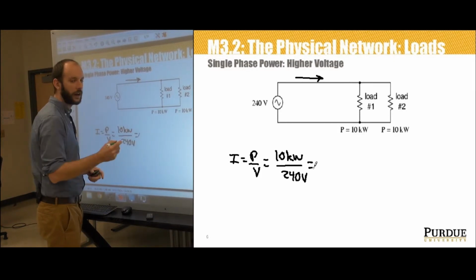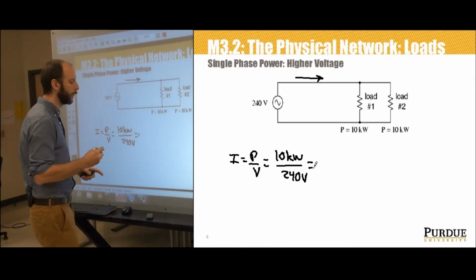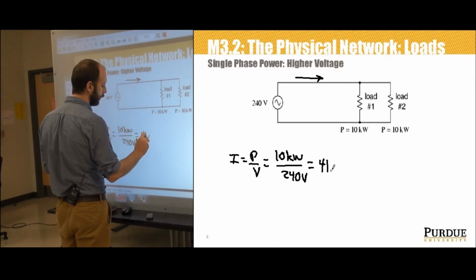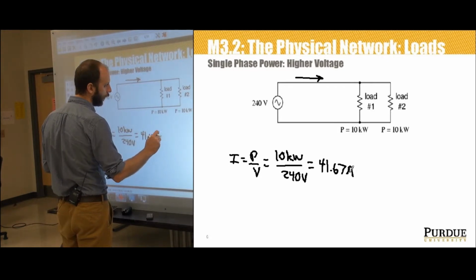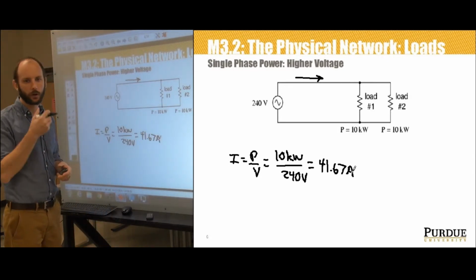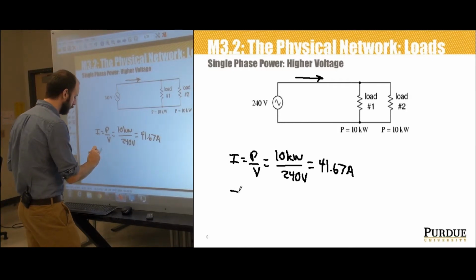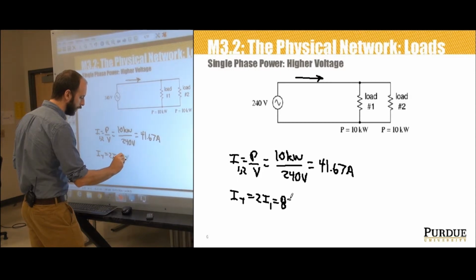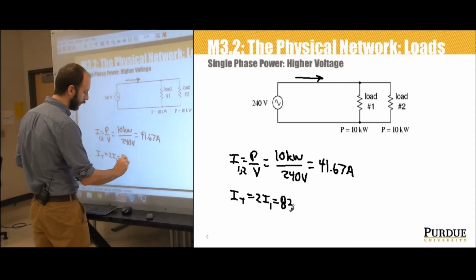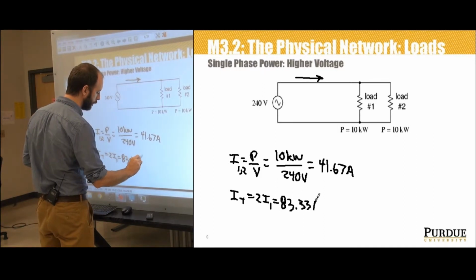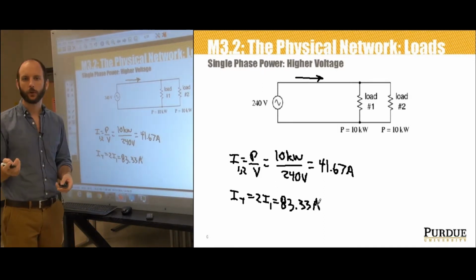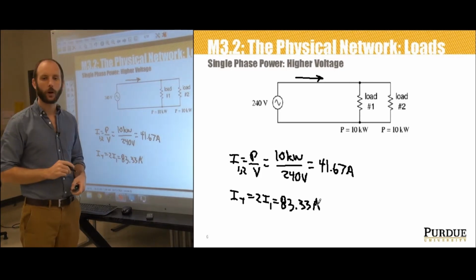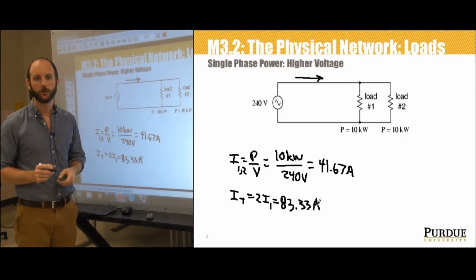And you do that math and you get half what the previous calculation was, so you get 41.67 amps of current in each of these branches for a total current flow of 83.33 amps. So total current is also half of what was required in the previous example just by increasing that voltage.